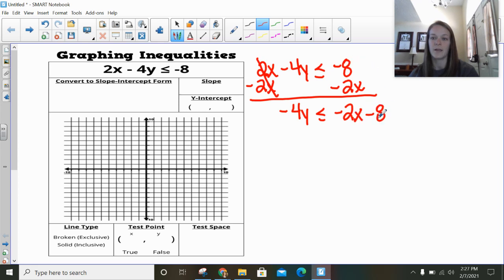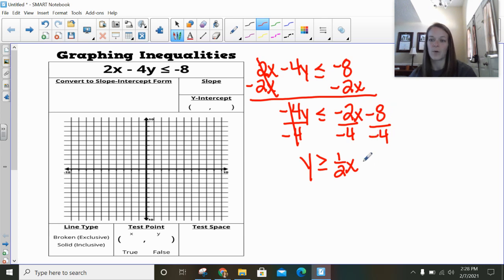I'm dividing by a negative 4 here, and so those cancel. I still have to flip this sign. Negative 2 divided by negative 4 is a positive 1/2, and negative 8 divided by negative 4 is a positive 2.